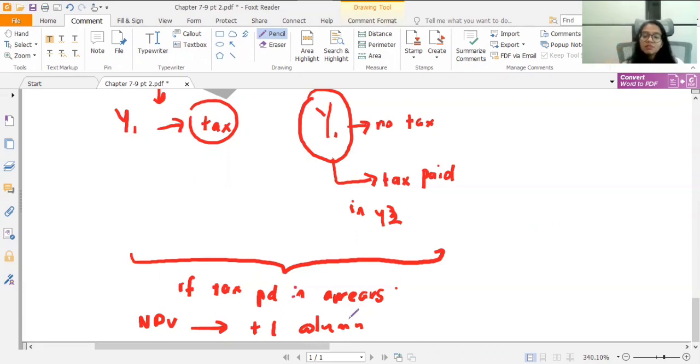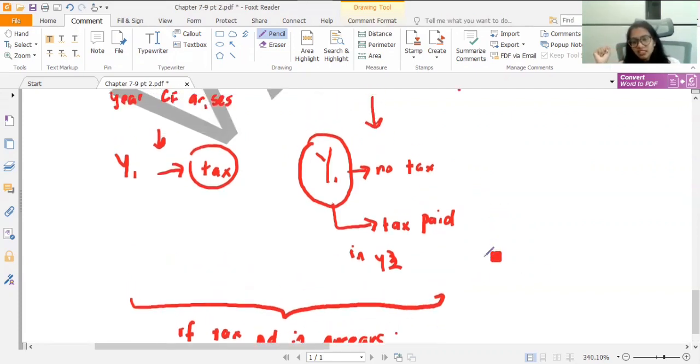Are you all okay? Because the cash flow for year 4, you need to show it in year 5. And you don't have any other cash flow in that column. You only will have the tax related item. Are you guys good? Okay, so these are the two most important things that you need to know about taxation.